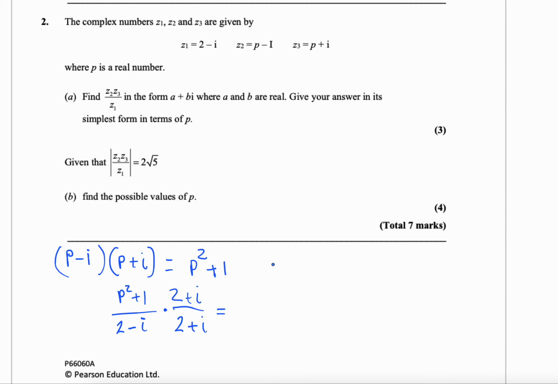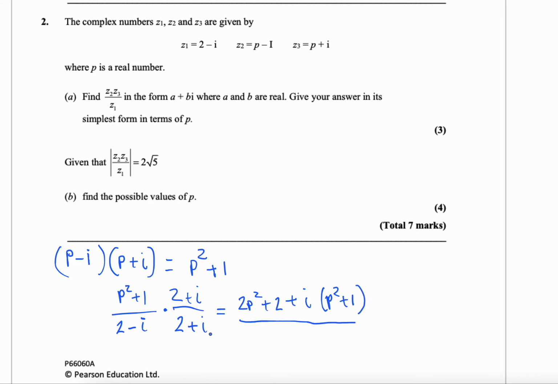So multiplying the top, we get 2p squared plus 2. Is that plus 1 or I? That should be plus 1, right? P squared plus 1? Plus 1, yeah. Because it's minus pi plus pi, so the i terms will cancel. So 2 times that is 2p squared plus 2, and I times that, we'll just keep it separate: I times p squared plus 1. We don't need to multiply it out, that's pointless.